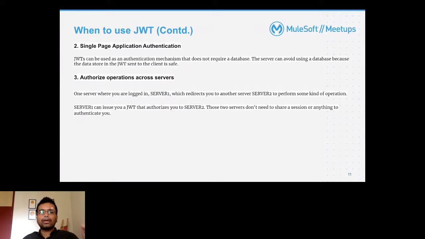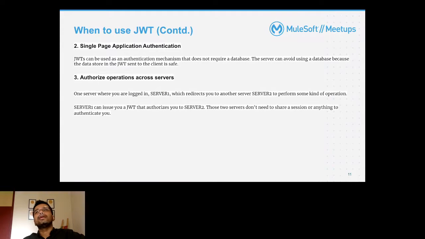But in one of the projects, I saw the JWT size was huge and the requests started failing, and CloudHub was not accepting those HTTP calls. So that is one part where there are a few limitations, you can say.